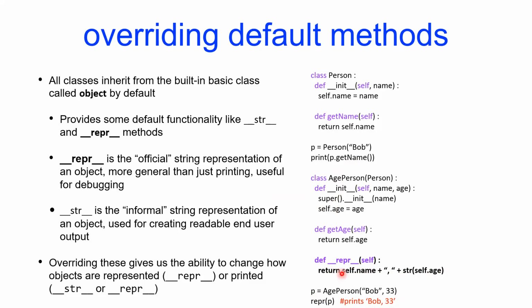If you do not do this, of course, you can go back in the Jupyter Notebook and type it. If you do not define this and then you call rep on p, see what it produces. I'm sure it will be less readable or less meaningful, but now you have customized it into the way you want to output it. Okay, I hope this is clear.